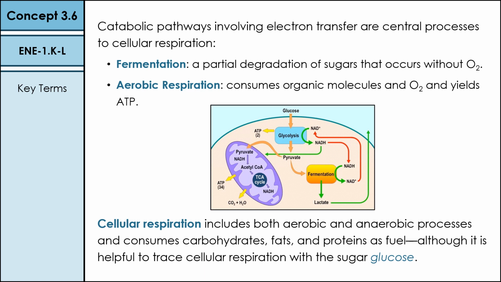Your cells can use everything from carbohydrates, fats, and proteins as fuel, but we typically look at this pathway as using sugar in the form of glucose. So we're going to trace the process of cellular respiration using glucose as our stand-in for organic molecules. But it is important to keep in mind that we use all sorts of organic molecules that we get in our food to create this cellular energy.